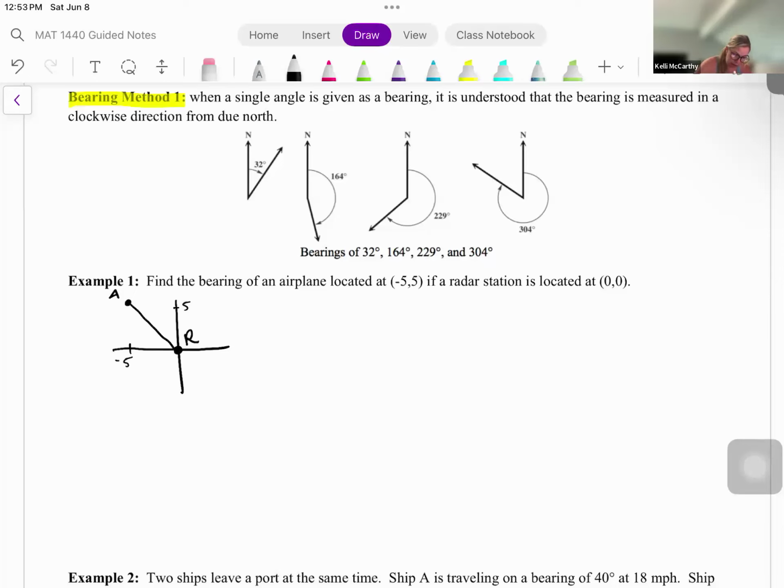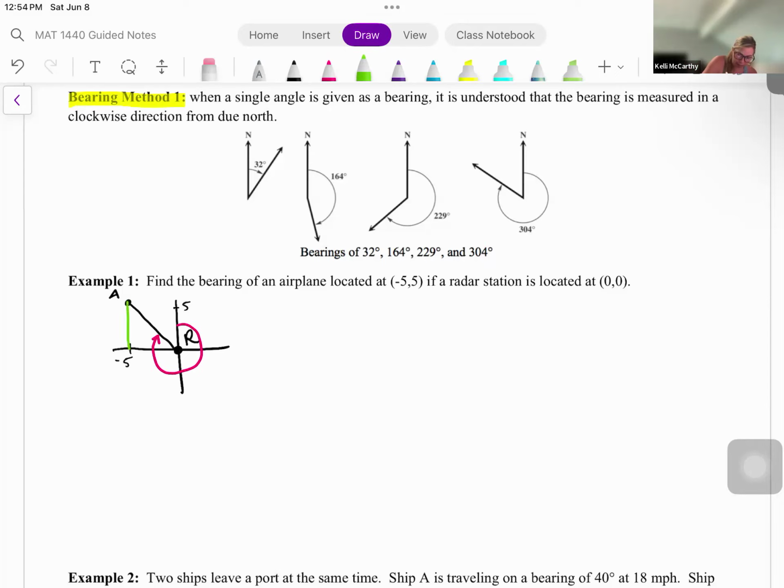What we're really looking for when we're trying to find the bearing is the measure of this angle here. To find this angle, we're going to start working with this triangle, and I'm going to pull this triangle off that grid just to illustrate it.